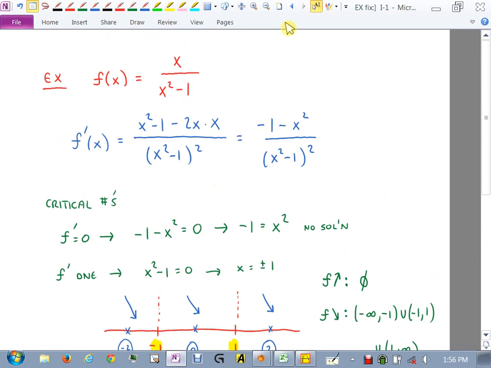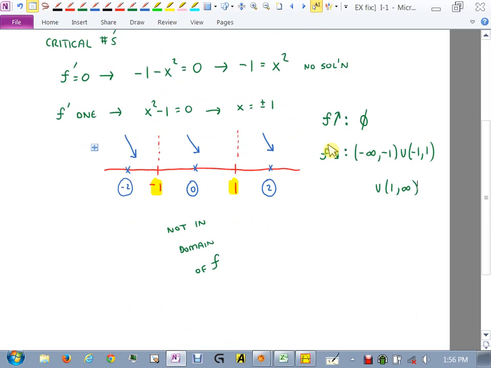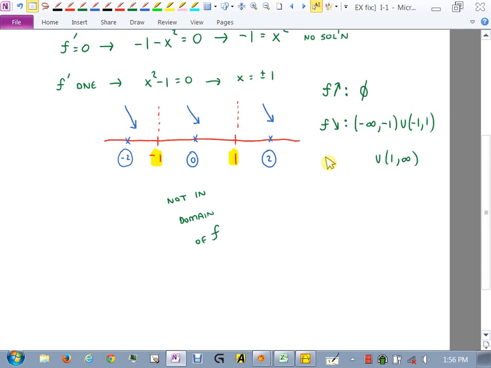Here's a pretty classic example that I like to give. The function f of x equals 1 over x squared. Same questions. Where is it going up? Where is it going down? What are the local max, local min? Oh, we didn't answer local max min. Sorry. Local max min?